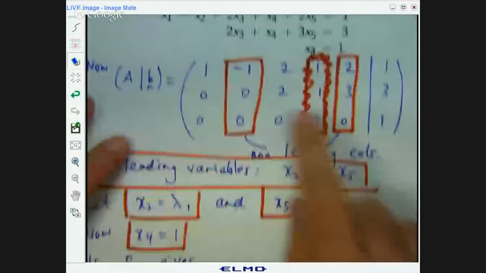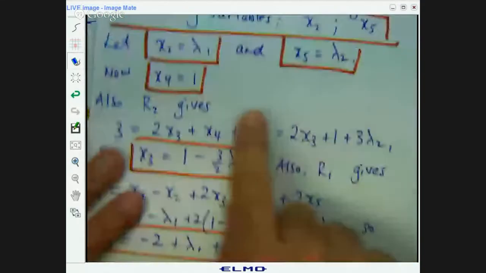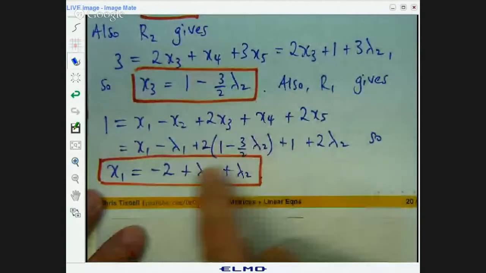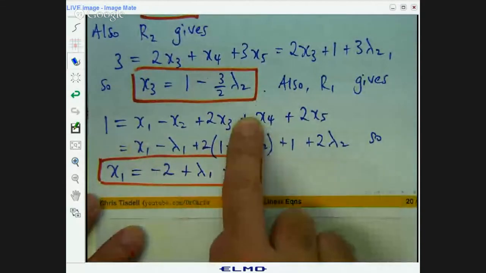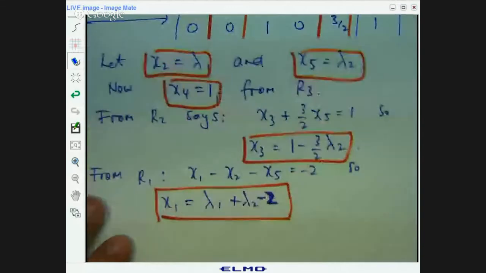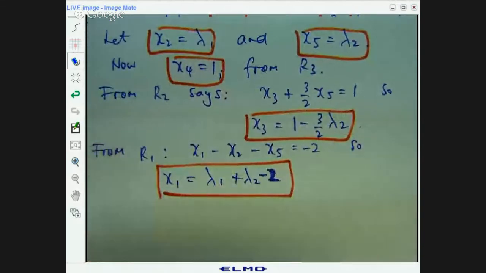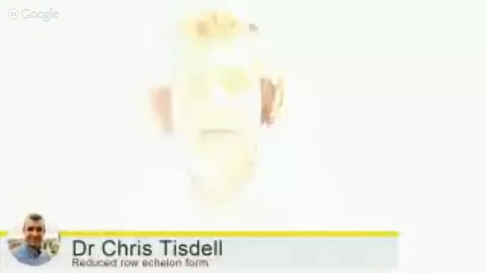Okay, so here we just did the row echelon form and introduced the variables and got that. We had to do a little bit more work to get these things though. Okay, so with this one there was a lot less work to do to get the solution set. Okay, so that's one of the advantages of working with a reduced row echelon form.